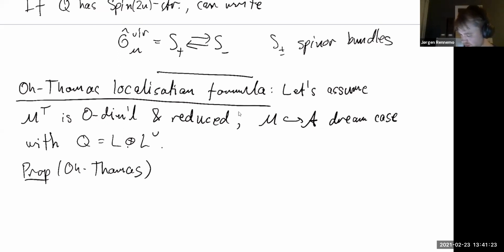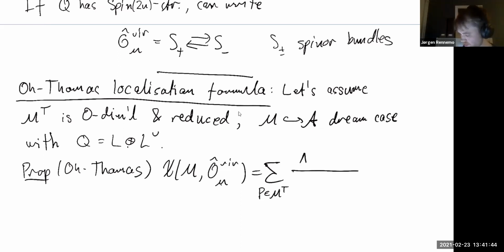Well, in that case, they tell you that to compute this thing, there should be a sum over fixed points, and you should take the symmetrized wedge power of L perp, and you should divide out by the symmetrized wedge power of the, sorry.